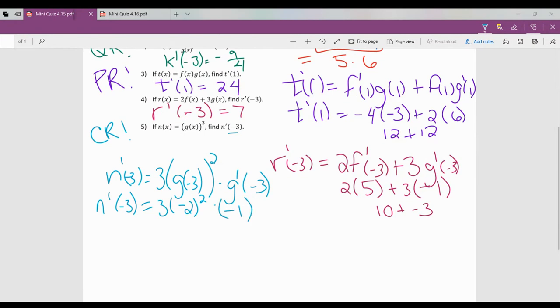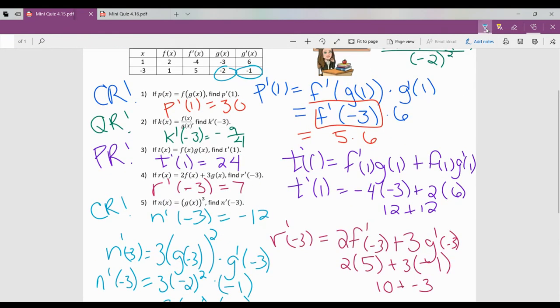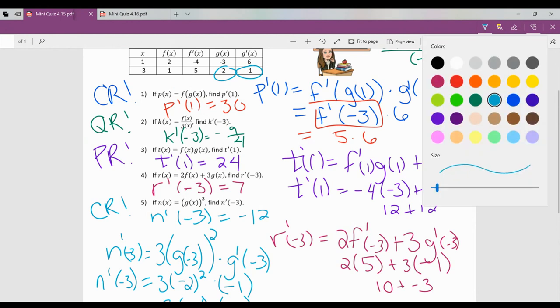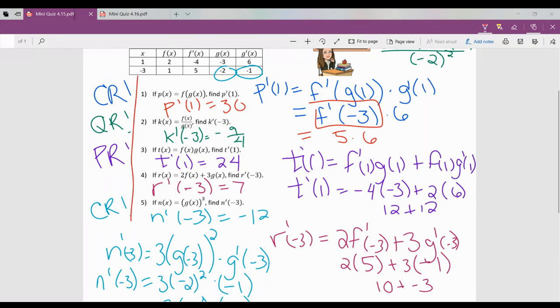All right, so -2 squared is 4, 3 times 4 times -1. Final answer, n prime of -3 equals -12. All right, so those right there are my final answers for the problem.